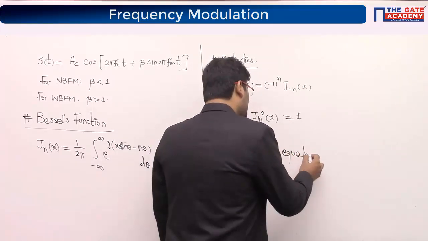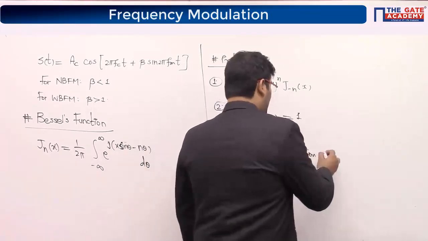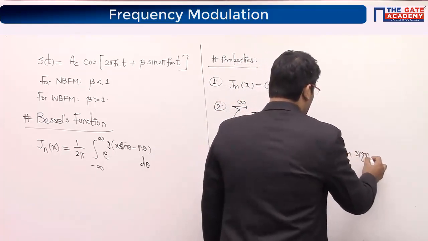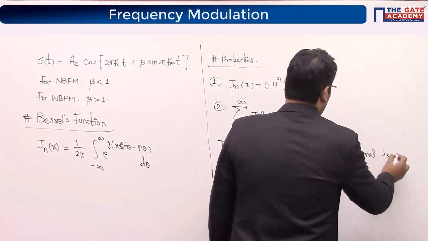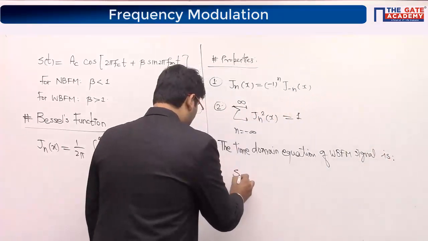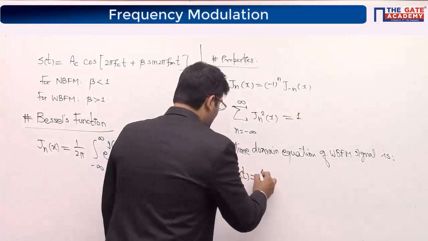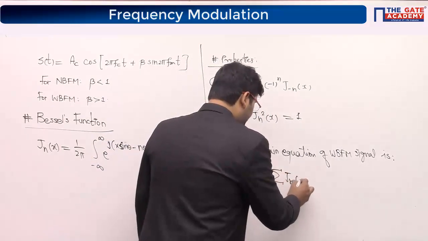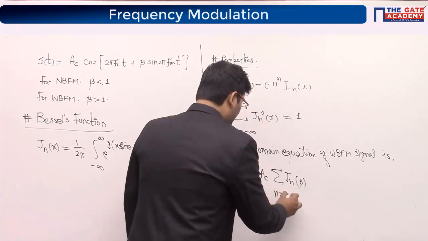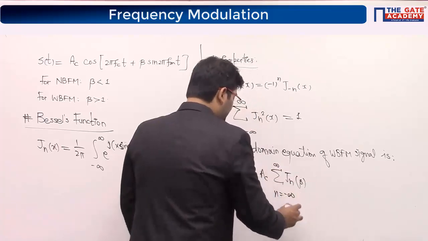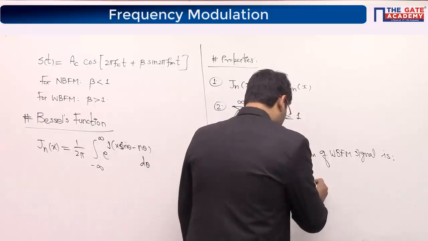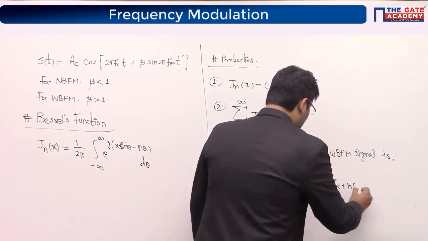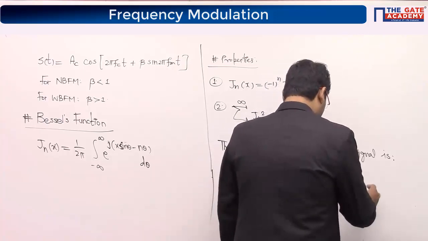The time domain equation of the wideband FM signal is this: Ac is outside, summation of Jn beta, n running from minus infinity to infinity, cos 2 pi (fc plus n fm) t.